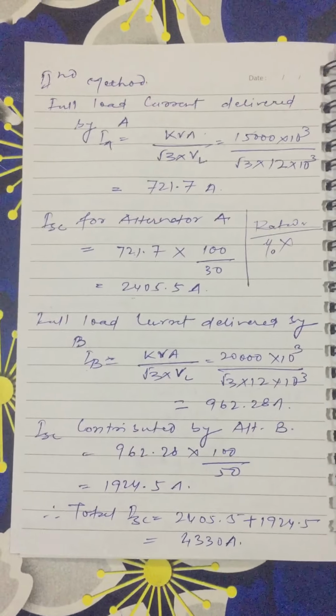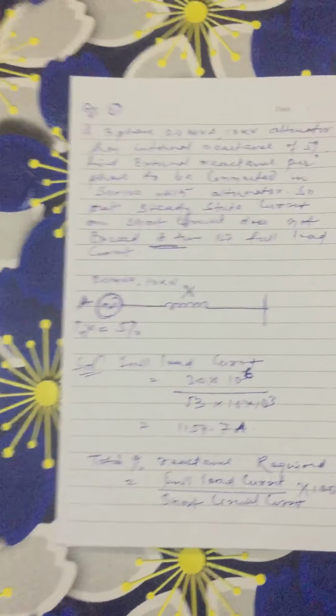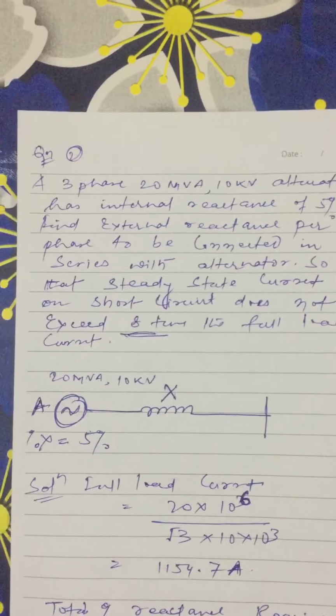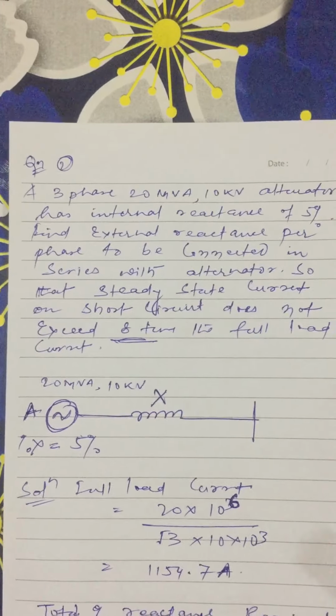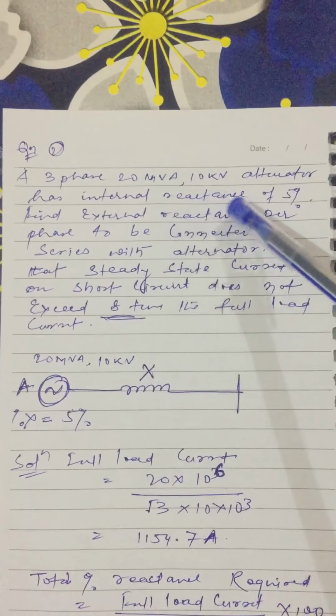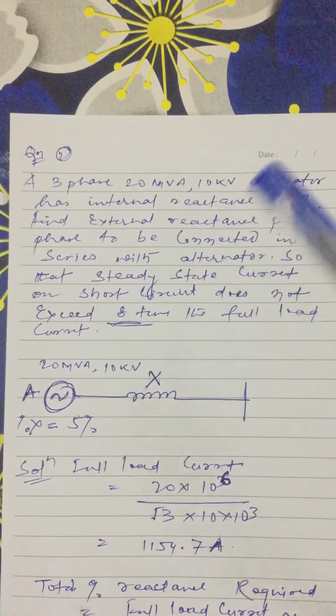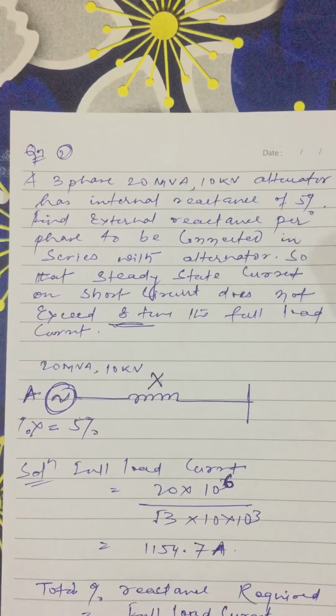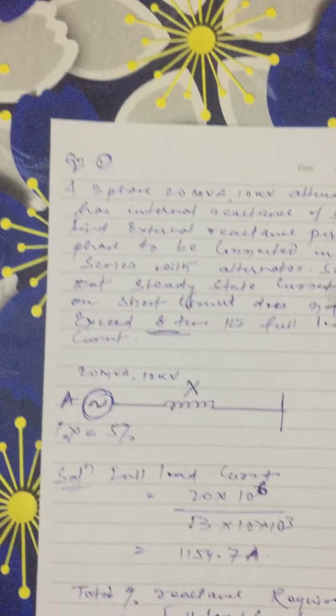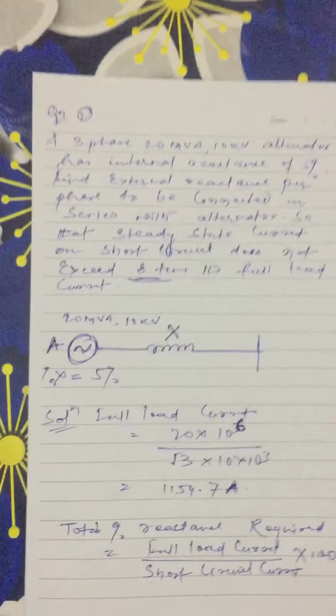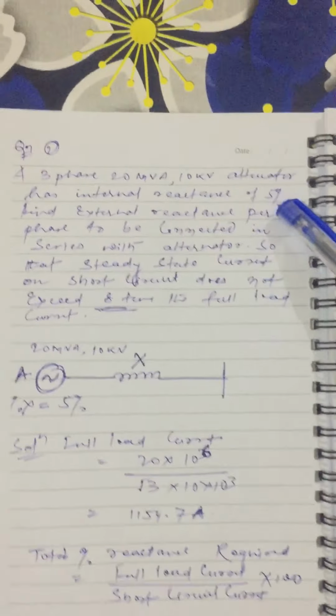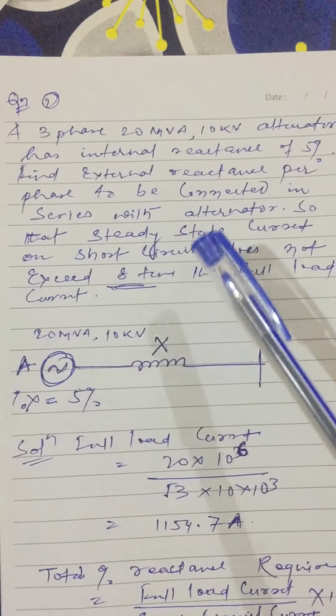Again friend, we will do one more question. First of all, I will read the question. We have a three phase 20 MVA alternator having the rated voltage as 10 kV, and it has internal reactance of 5%.